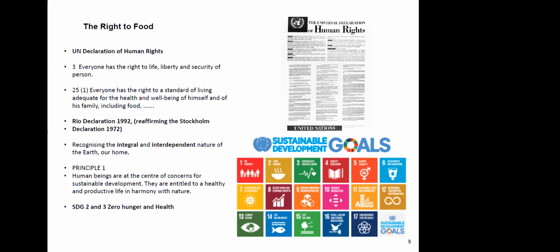Sandwiched somewhere in the middle, we have the Rio Declaration of 1992, which did give some rights to the planet, to Earth itself, though obviously not enough for us to be able to use it to protect the Earth.